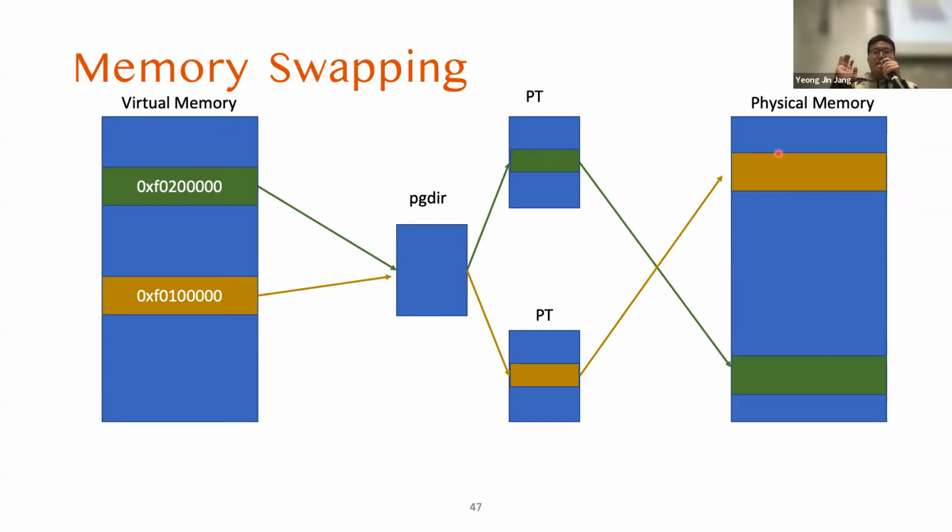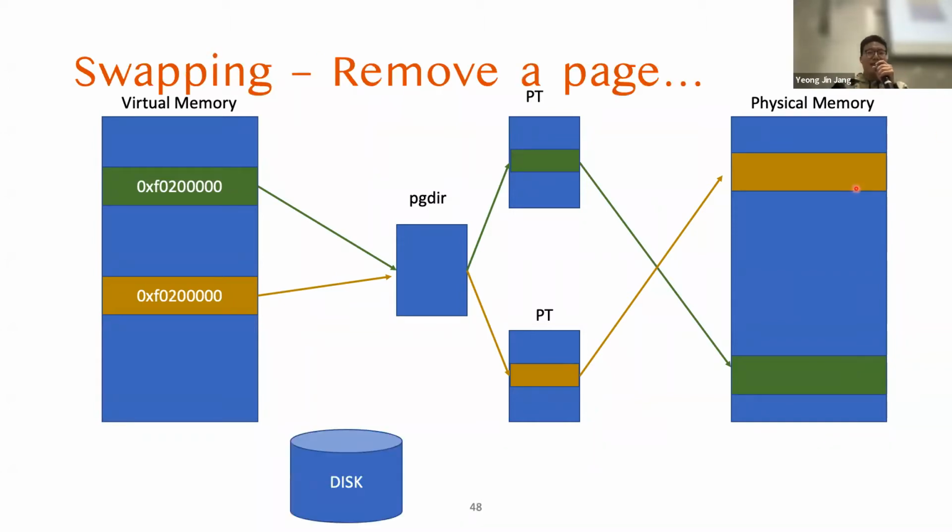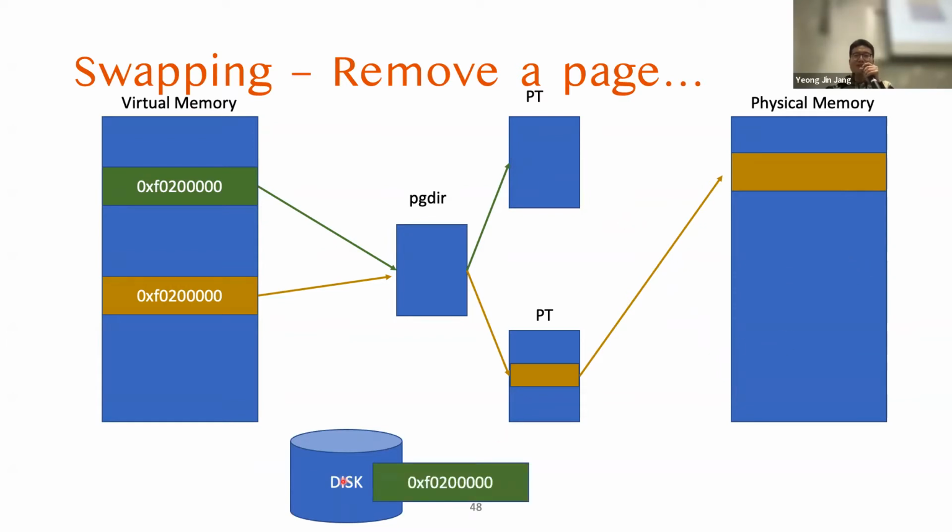Suppose we want to move one of the physical pages to the disk to free the physical memory space. There is a disk, and we want to remove this green mapping. Then we can remove it from the page table entry, remove the physical memory, and store it into the disk.